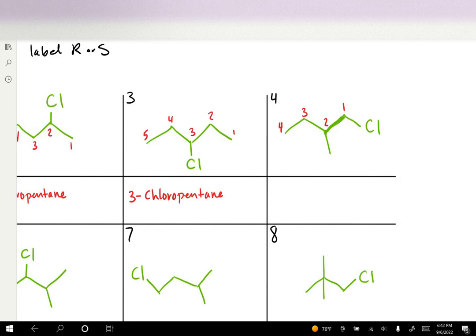But I numbered it this way because it gives our groups lowest locator numbers. 1-chloro-2-methylbutane. Bute now because we have 4 carbons in our main chain. Chloro comes first because C is higher up in the alphabet than M.